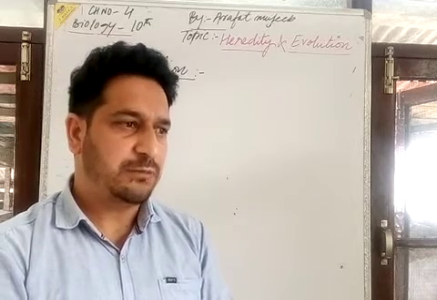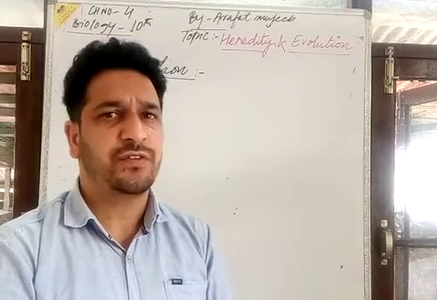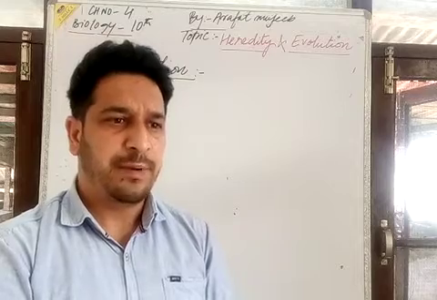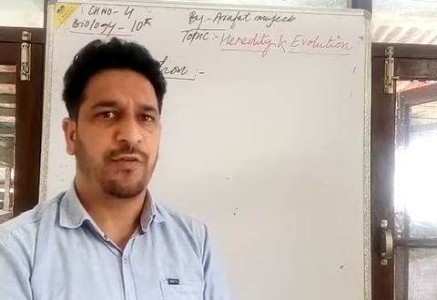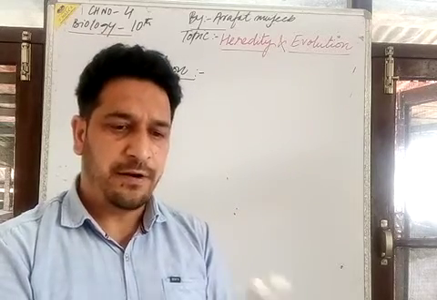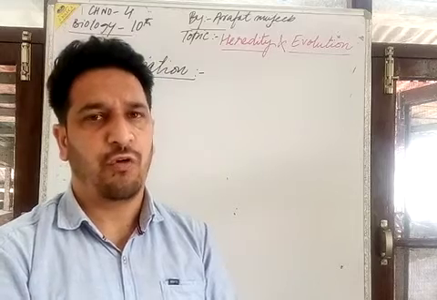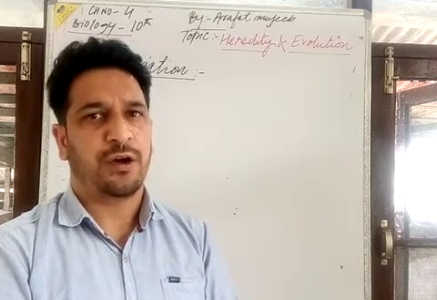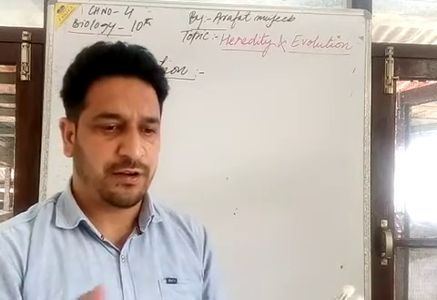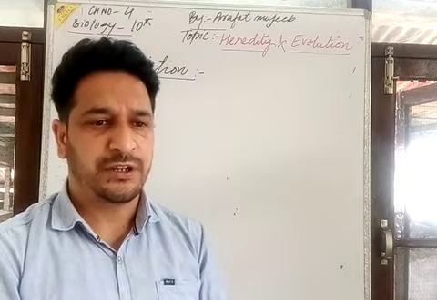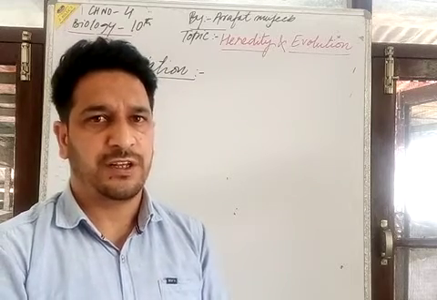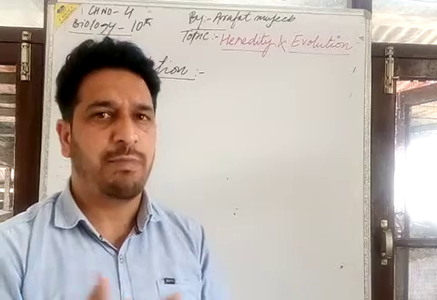ये वेरिएशन जो है, it is caused by means of reproduction when there is a random recombination of genes on a chromosome. First of all they separate out, then they recombine.